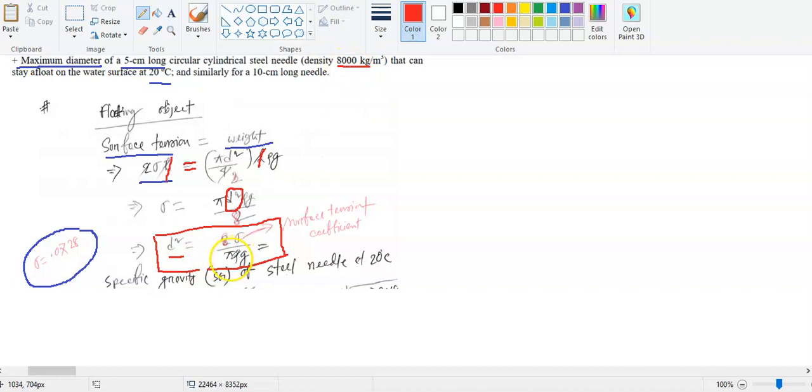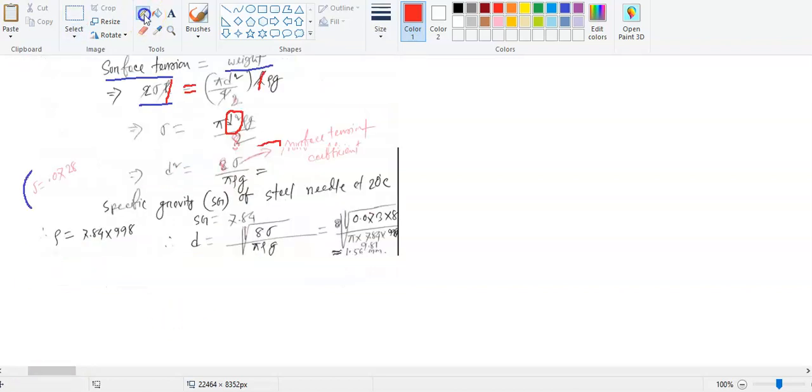If we substitute the values here, then we will get the solution. Alright, so now we substitute all the values, and you see we got 1.56 millimeter. But now I actually want to tell you something.